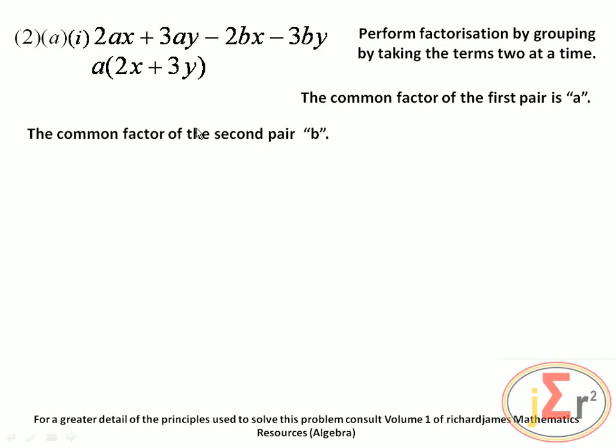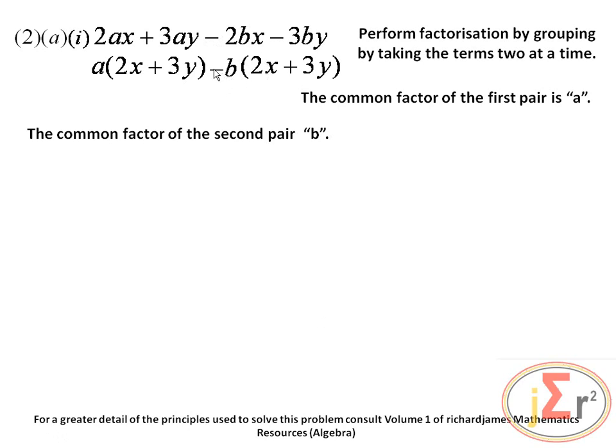The common factor of the second pair is b, and of course we are going to take the sign that begins the second pair, which is a negative sign, so we are going to have a negative b as the entire common factor right here. Negative b into negative 2bx, negative into negative is positive, the b's will cancel, we have 2x.